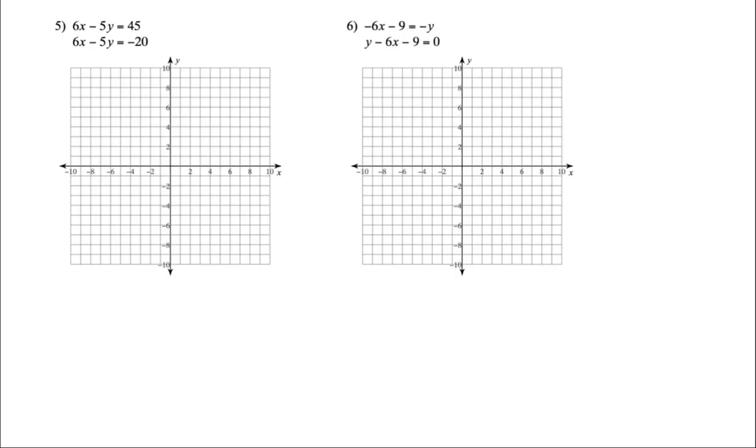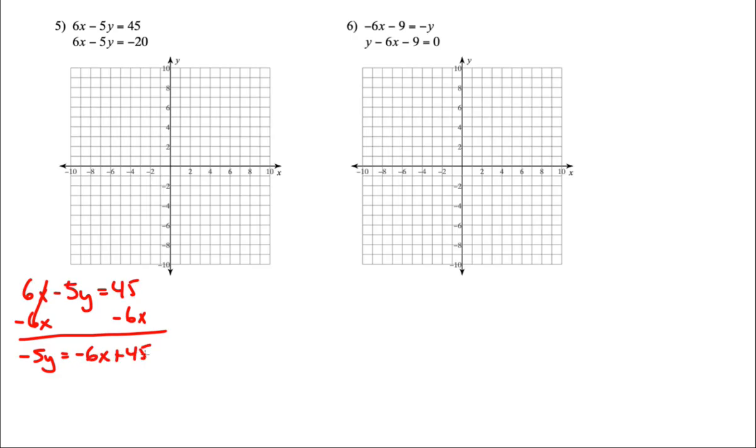All right, so looking at number 5, we've got two different equations. We've got 6x minus 5y equals 45. So if I want to put that into y equals mx plus b form, if I subtract 6x from both sides, that cancels, so I'm left with negative 5y equals negative 6x plus 45.